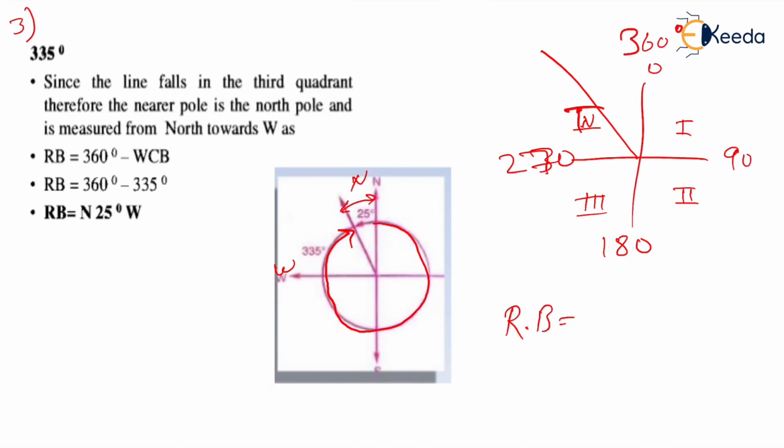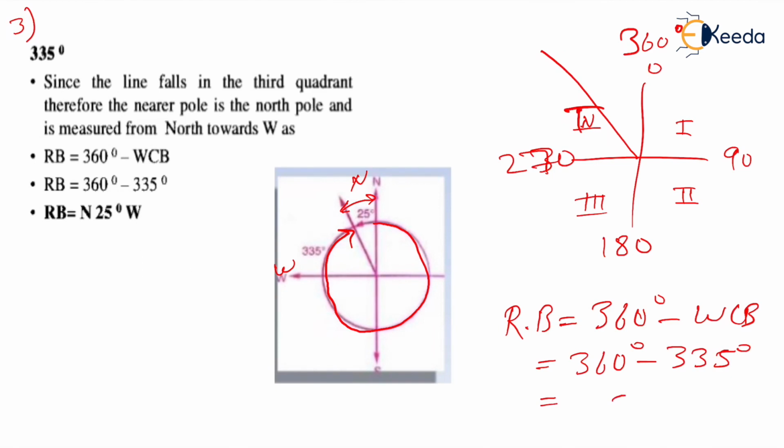RB is equal to, for fourth quadrant, total 360 degree minus WCB. So 360 degree minus WCB, which is 335 degree, will give the angle 25 degree. But it is reduced bearing, so we have to mention the quadrant also, and the quadrant is fourth quadrant, which is northwest.